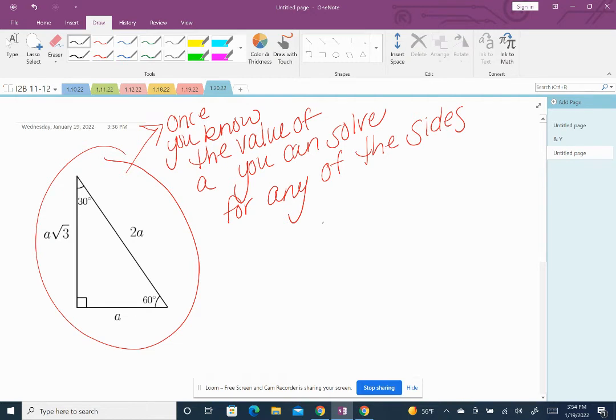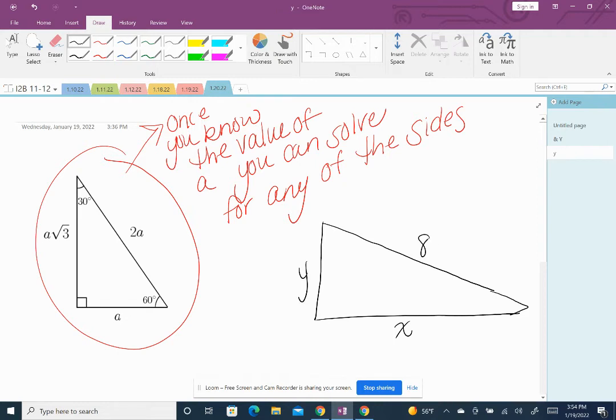So I had this x, y, 8. Okay, so before the 45 didn't matter. We just have to make sure we know what's 30, what's 60. Okay, so 30 going out is y. So 30 going out over here is going to be A.